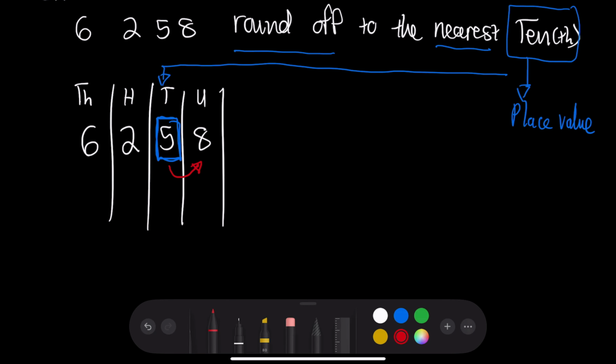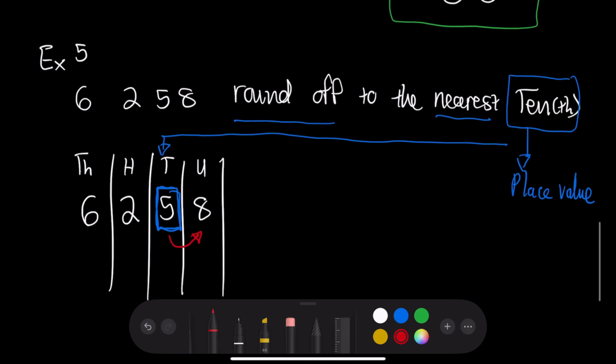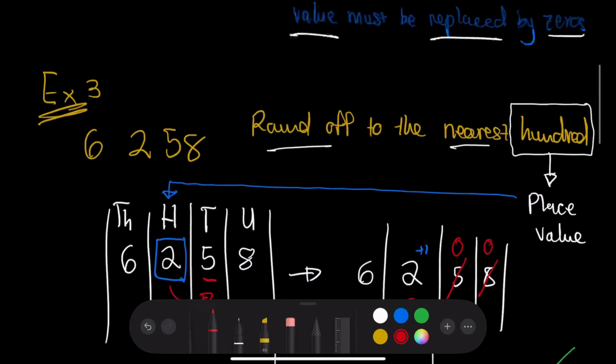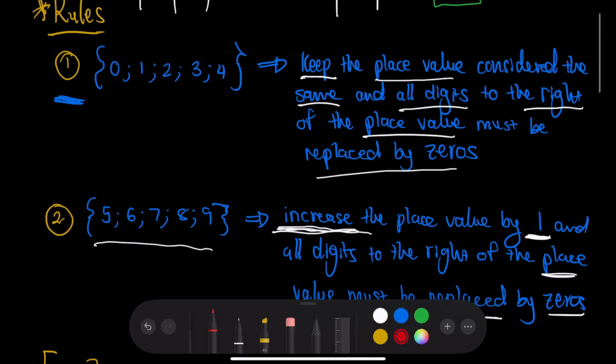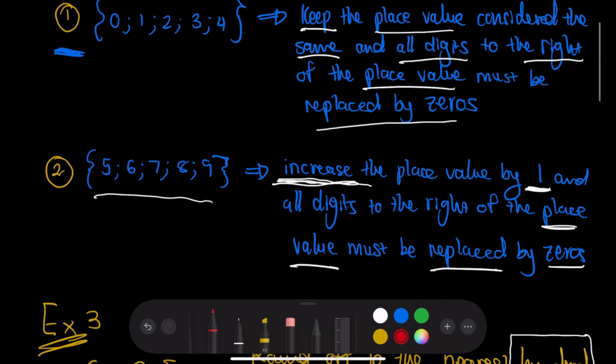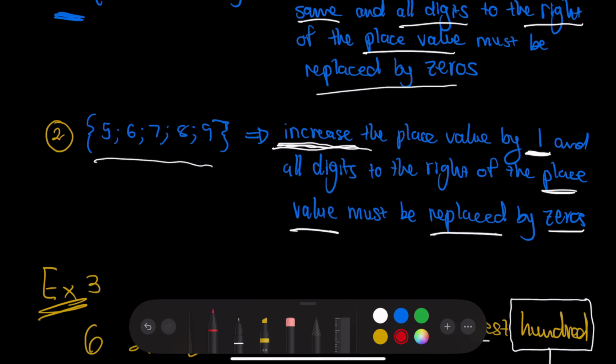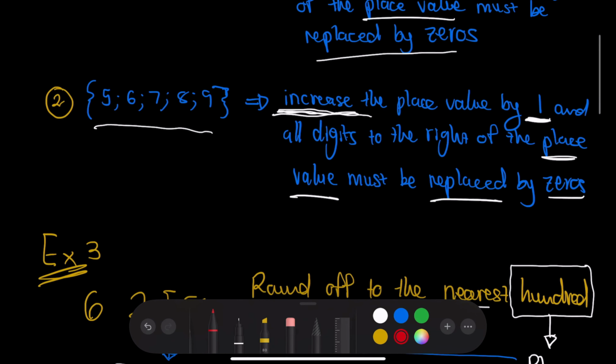Then I have to ask myself, when I look back at my rules, does the digit 8 form part of the set in rule 1, which refers to the digits 0, 1, 2, 3, 4? Or does it belong to the set in rule 2 that has the digits 5, 6, 7, 8, and 9? Then we see it actually forms part of the set number 2, right?